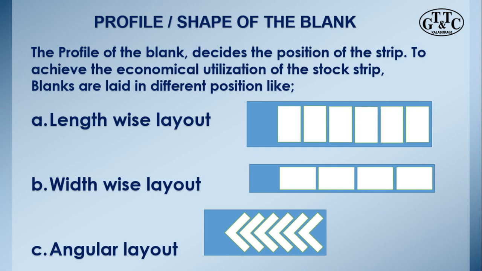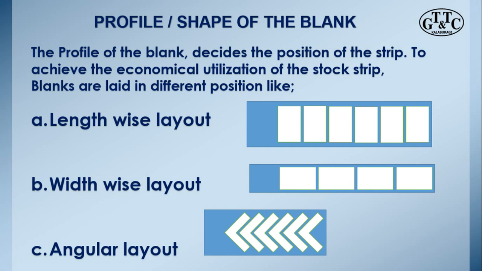The blanks, generally, you see it on the screen here. In the first part you see the blank has been laid lengthwise, and in B you see the same blank laid widthwise, and in C you see there is an angular layout. For some components there is an angular layout.